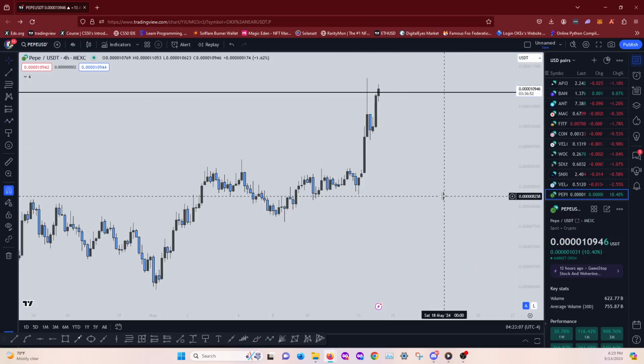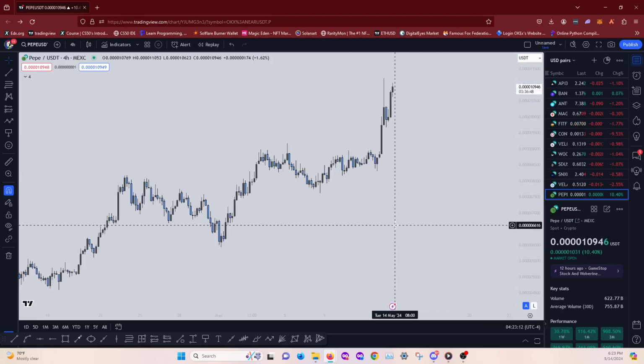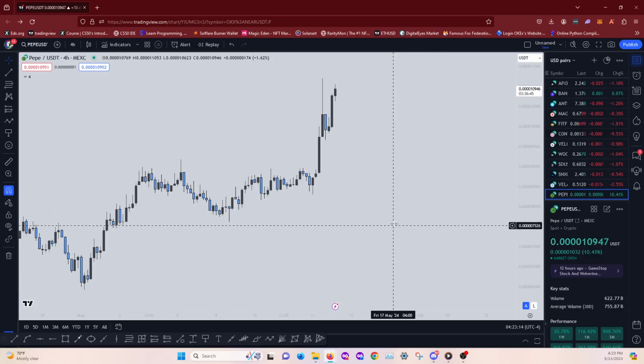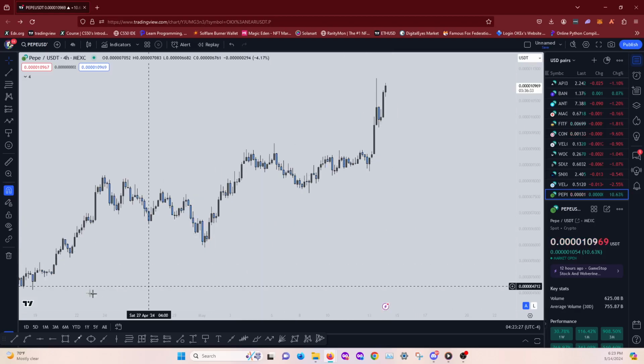Otherwise, you can obviously get in on the trend. This has to fit your HTF bias on the market as a whole, right? So right now, I'm not too interested in anything on PEPE.